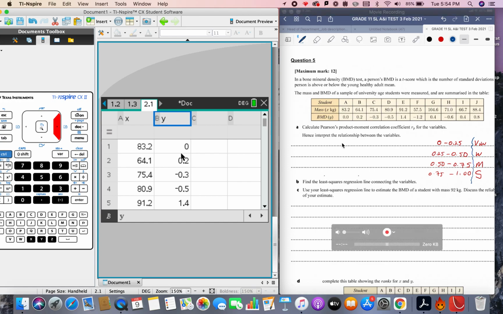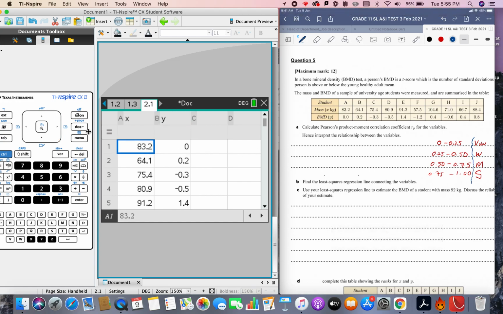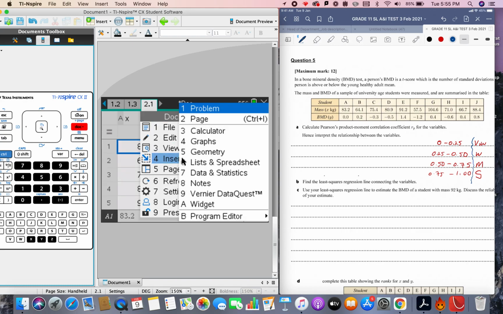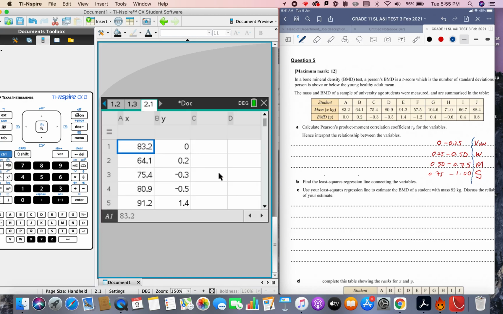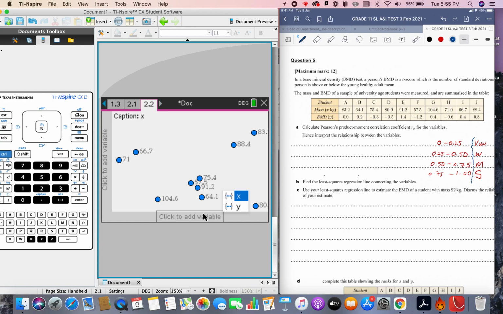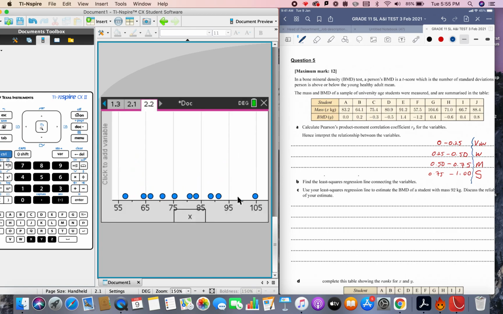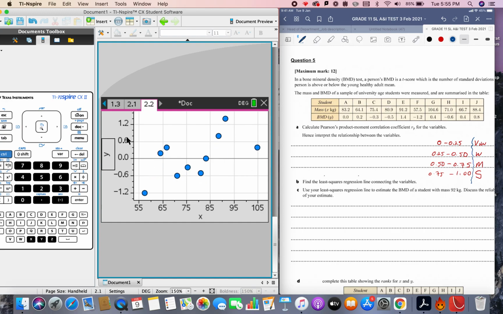So just to broaden the question, I'm going to go doc, insert a data and statistics page, and here we have the X variable, the mass of the university student, and here's Y, the bone density. Can you see there seems to be maybe moderate linear correlation here, although it is quite spread out, right? So there doesn't seem to be any outliers here. This might be an outlier, not too sure, but it does tell us to calculate Pearson's to start with.